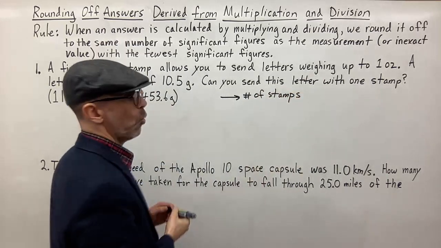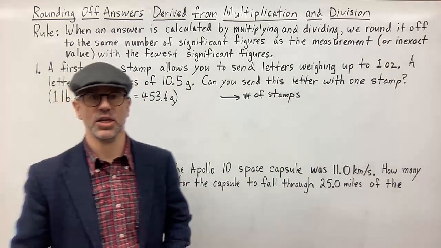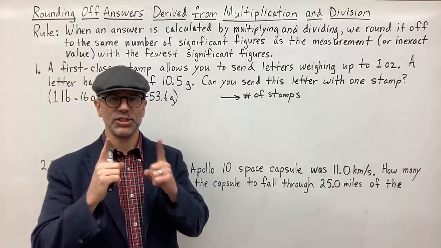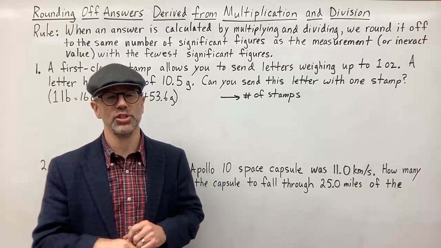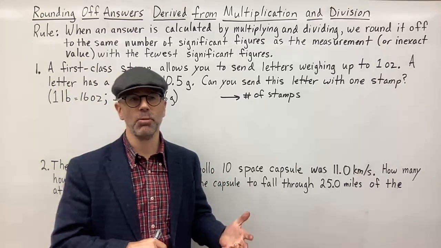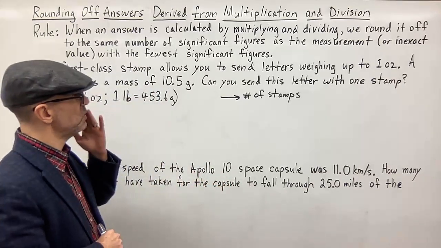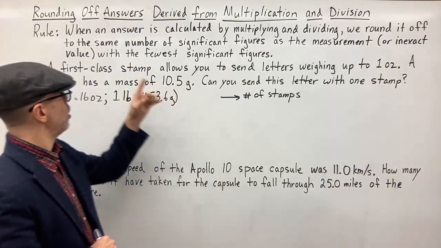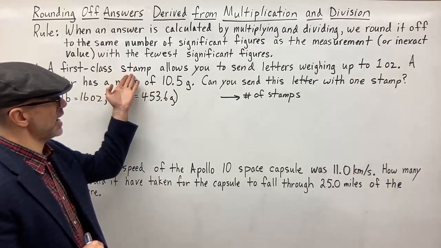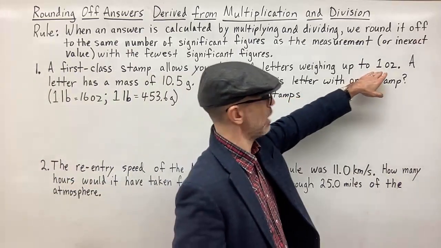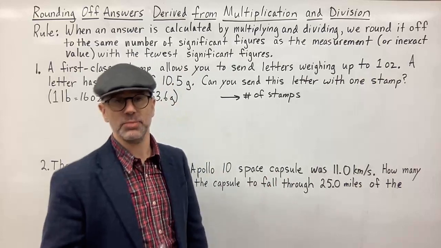Okay, so where are we going to begin? What do they give us? Well, you don't want to use a relationship or anything that's part of a relationship as the beginning of your problem. So if we look here, we're told that 1 first class stamp is related to 1 ounce. So we don't want to use that to begin with.